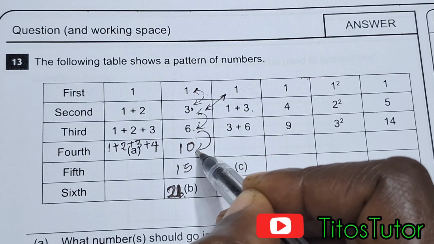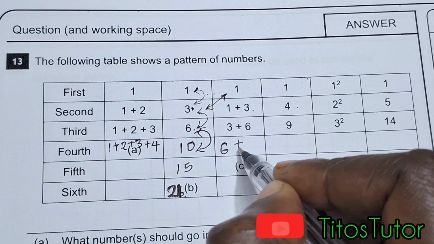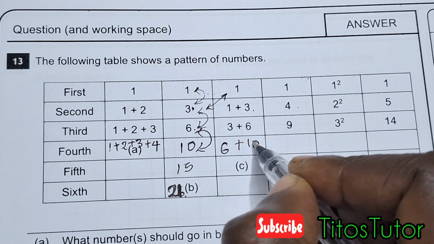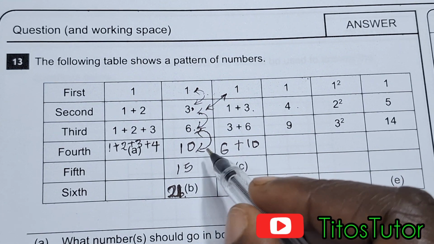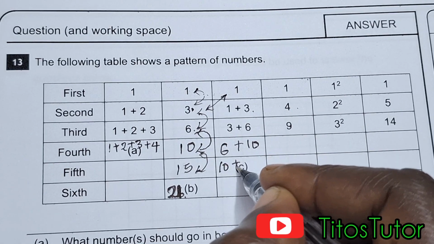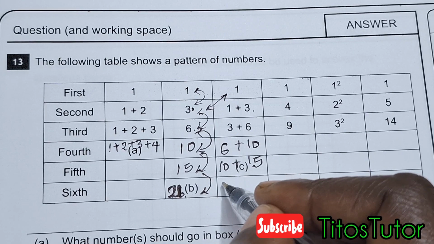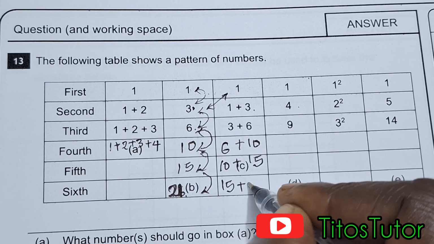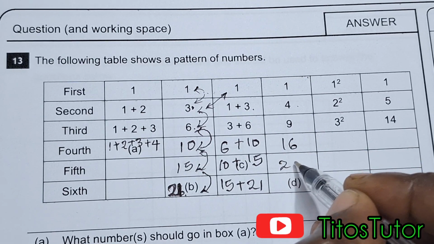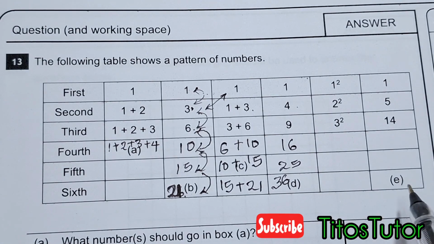So this will be 6 plus 10, 16. And this will be 10 plus 15, 25. And this will be 15 plus 21, 36. So here is 16, definitely. Here's 25. And here is 36. So we keep going.